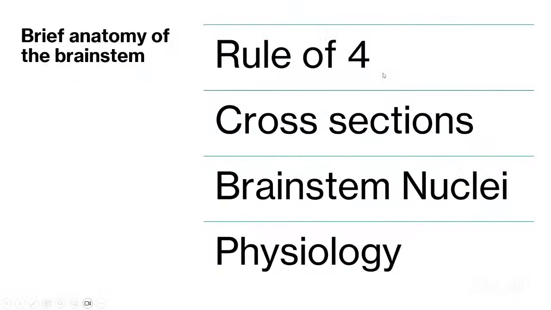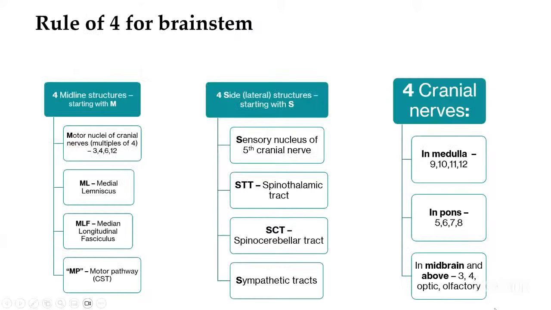Going into brainstem anatomy, I'm going to discuss mainly the rule of 4, cross sections, brainstem nuclei, and physiology. So, what is the rule of 4? For any brainstem, to remember, there are 4 midline structures starting with M. M: motor nuclei of the cranial nerves, which includes multiples of 3: 3, 4, 6, 12.